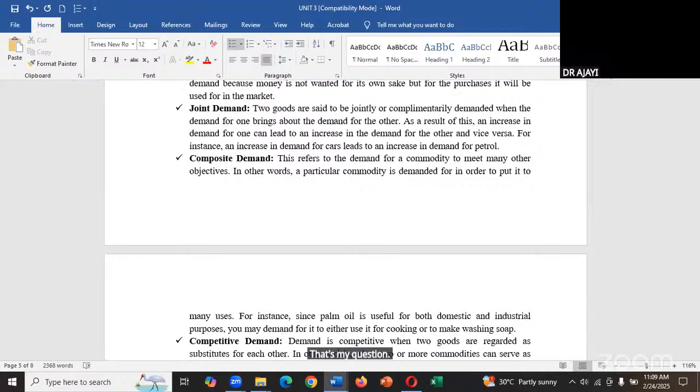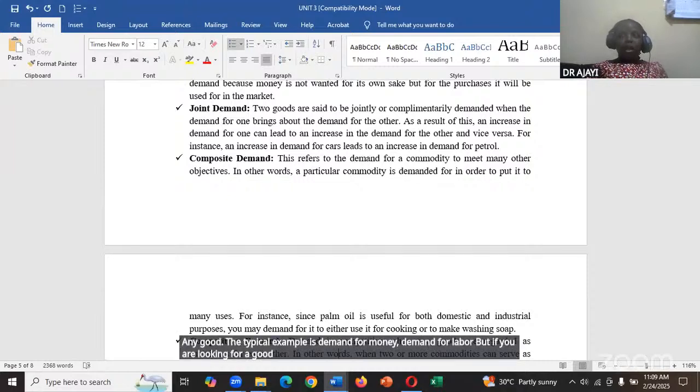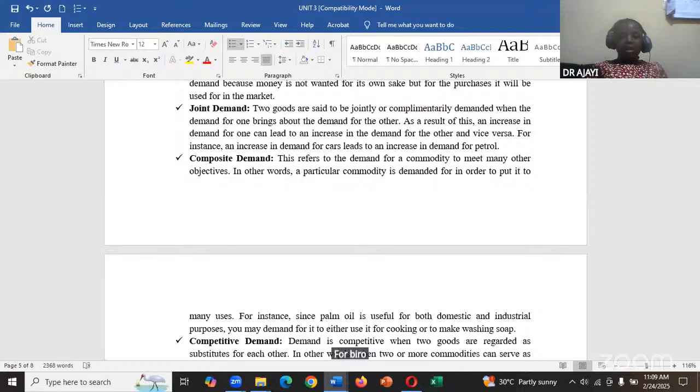Any good, the typical example is demand for money, demand for labor. But if you are looking for an example of a particular good that will come under this, that of biro that you are talking about, I don't know how you would justify that. For biro, I think it comes under complementary demand.